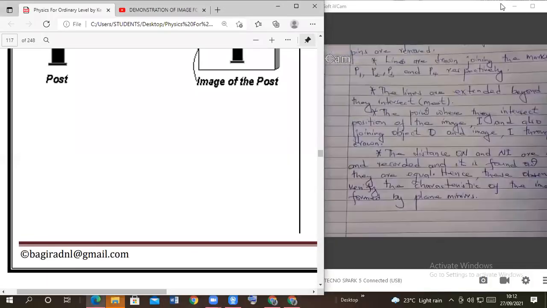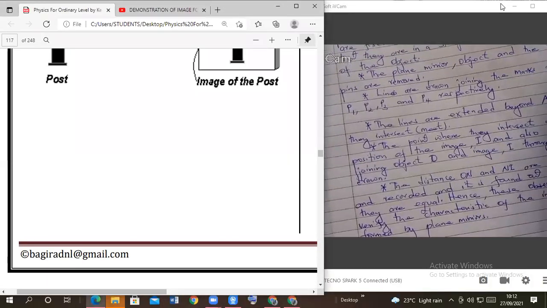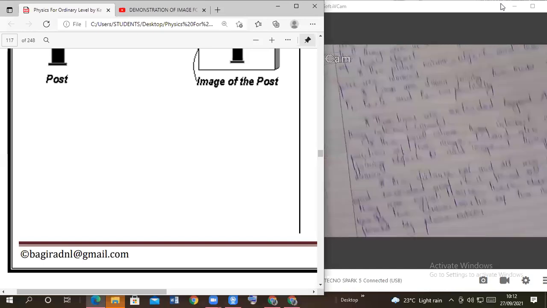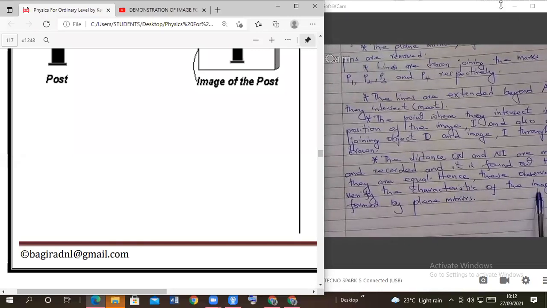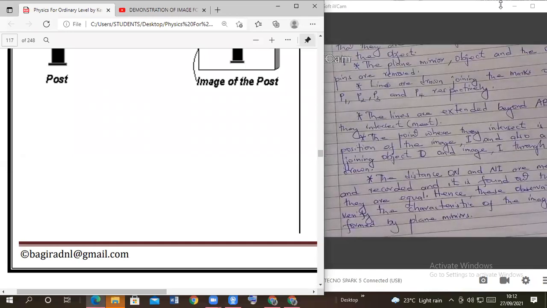Members, have you seen how you answer questions? Yes. So after describing, you must conclude. How could you conclude? Hence, or therefore, these observations verify the characteristic of the images formed by plane mirrors. Are you together? Yes, teacher. All right.